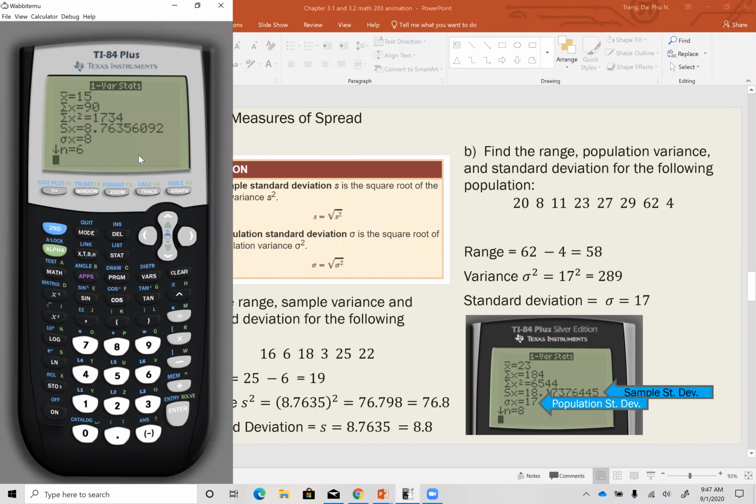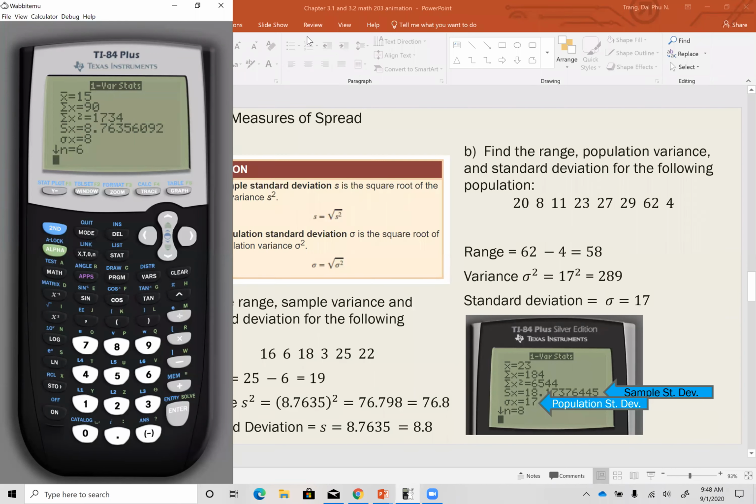Make sure, like I mentioned to you on the screen here, that you know which one is your sample and which one is your population. The tedious item that a lot of students get frustrated with is they put in the wrong answer for the wrong question. This one here, they ask you for the sample variance.